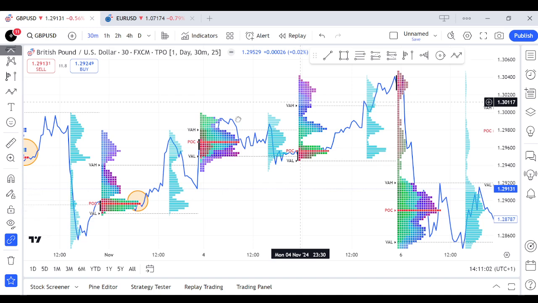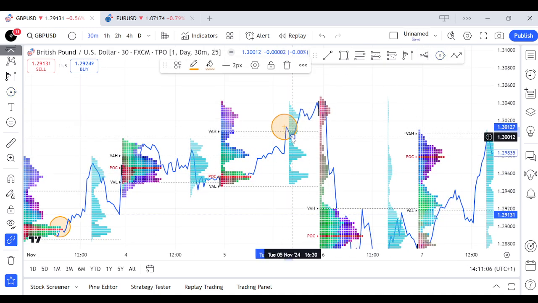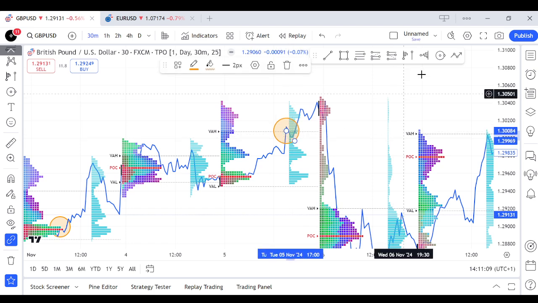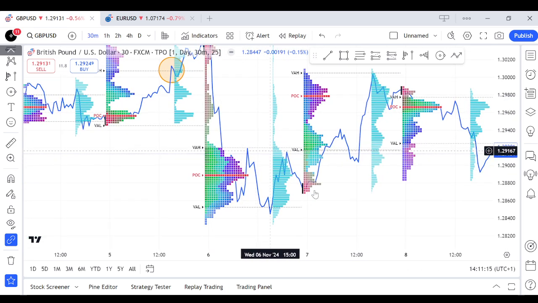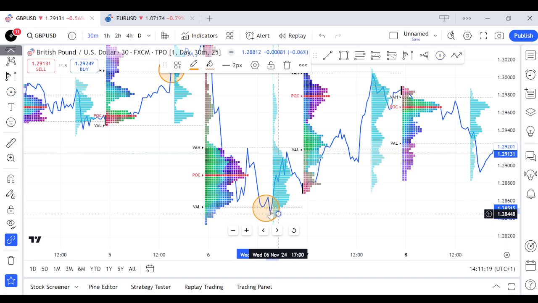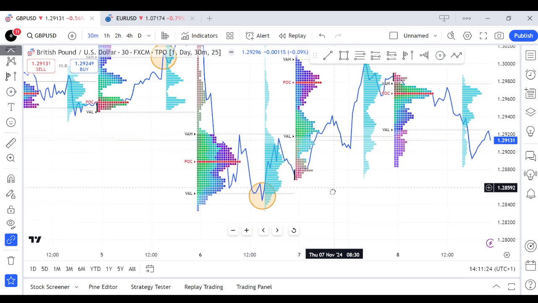This is another one, like I explained before. Price broke out of the value area high, gave us a retest, and went to the upside, though that was limited. So be careful of false breakouts like this one. See, this is a false breakout, so you should be careful of things like this.